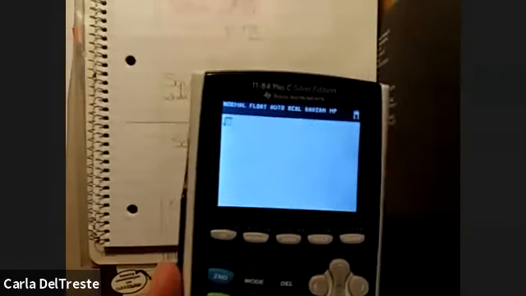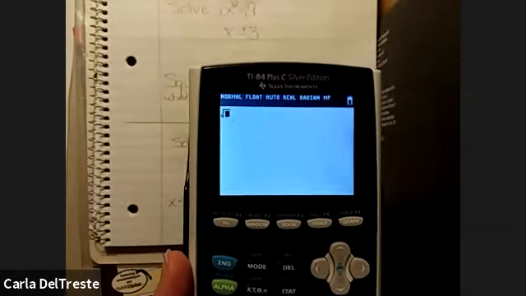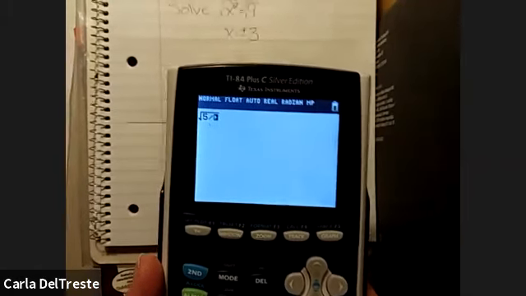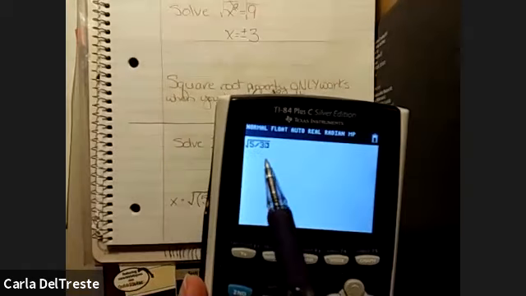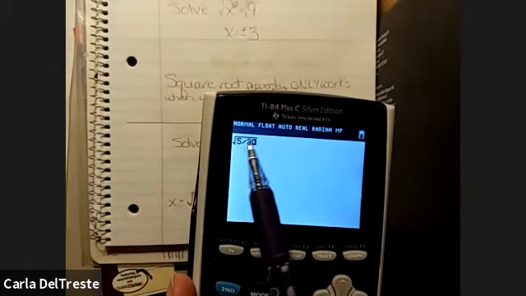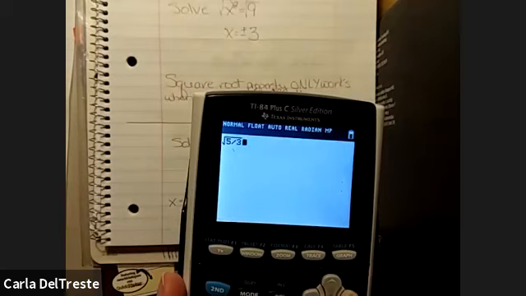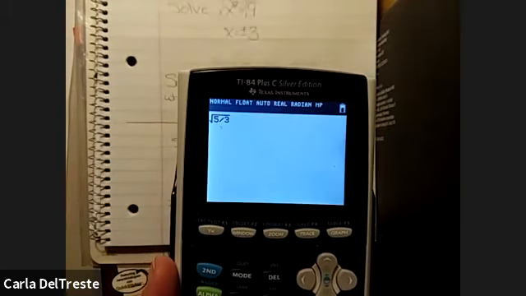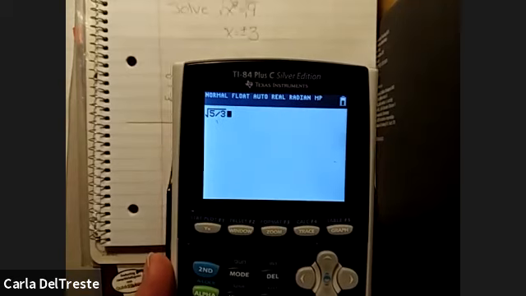Now, in this example, I wanted the square root of 5 over 3. So I would put in 5 divided by 3. And you can see that my model calculator puts everything underneath the radical until I use the arrow to move out from underneath the radical. So this is how my calculator works.